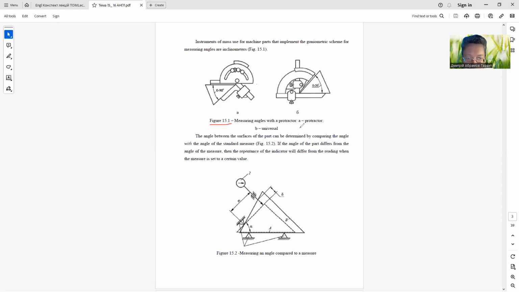The angle between the surfaces of the part can be determined by comparing the angle with the angle of the standard measure, like in figure 15.2. If the angle of the part differs from the angle of the measure, then the indicator reading will differ from the reading when the measure is set to a certain value.